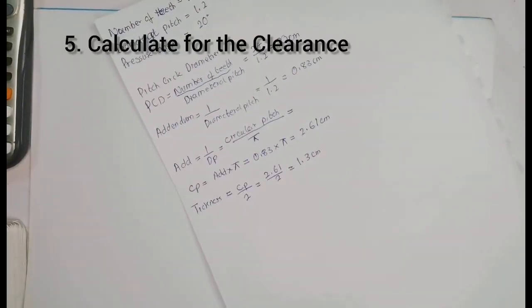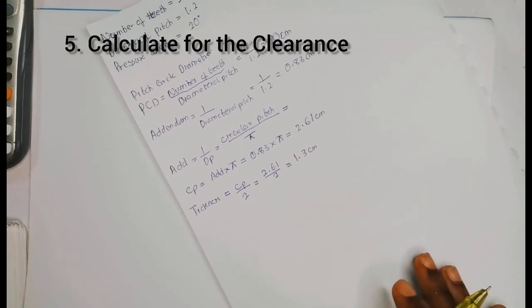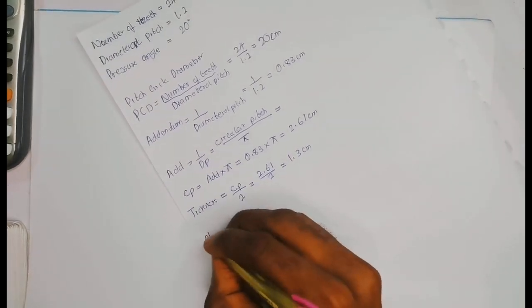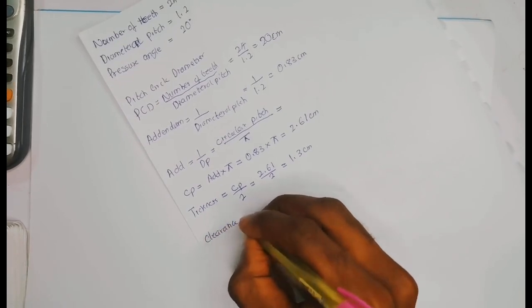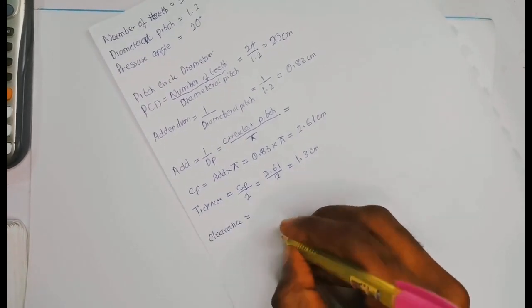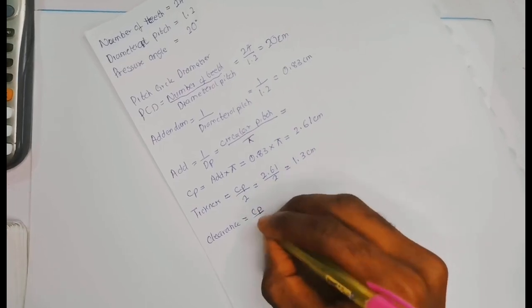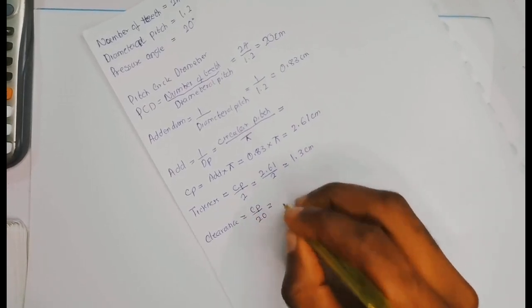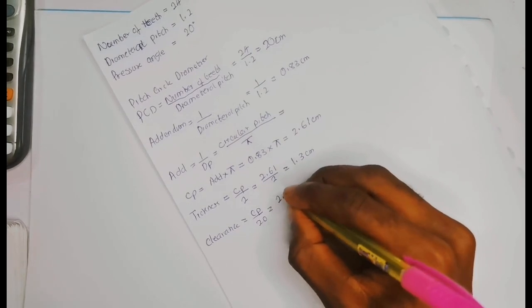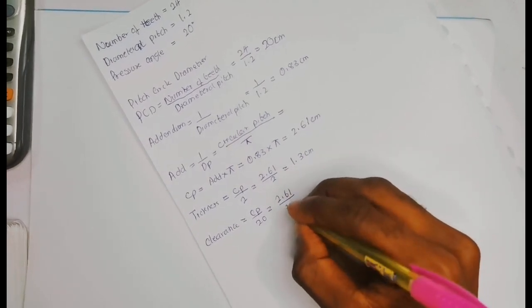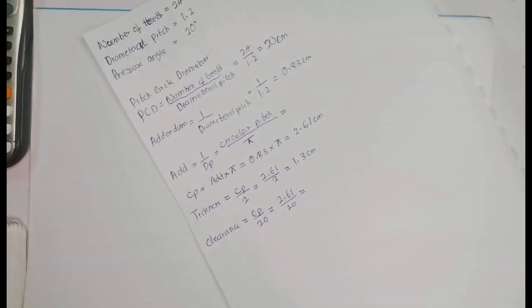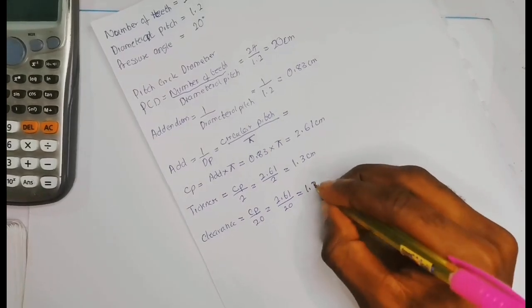Next off, we calculate for our clearance. The formula for clearance is CP, same CP all over 20. CP as calculated earlier over 20, 0.13.